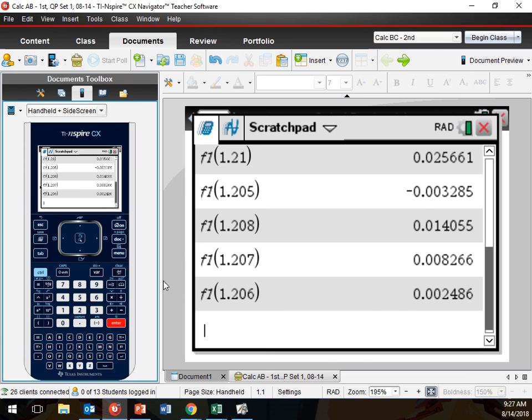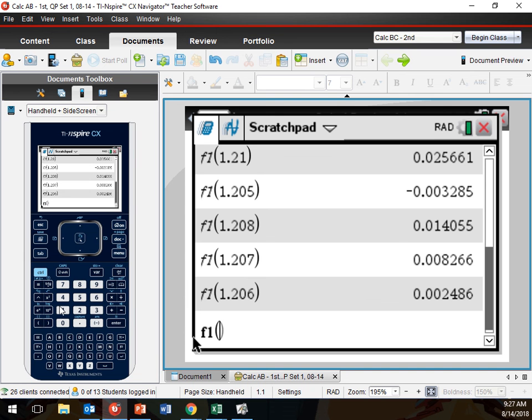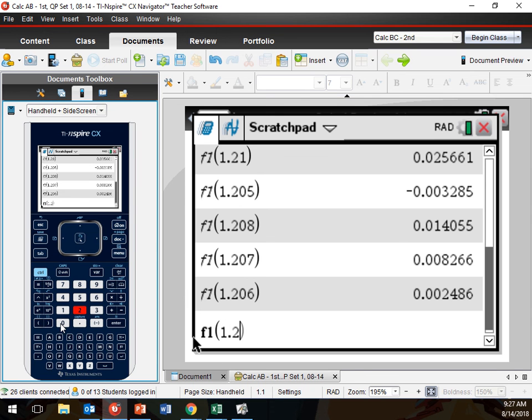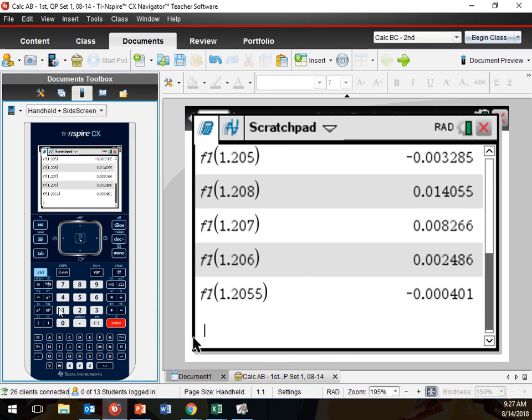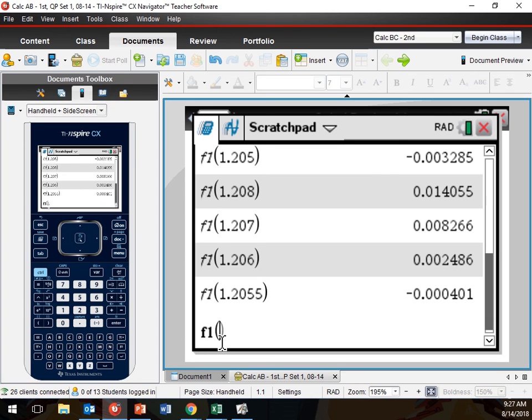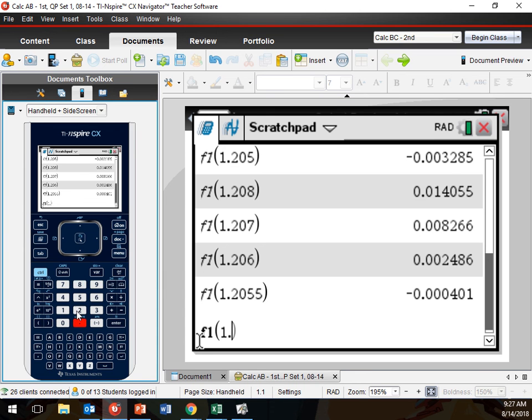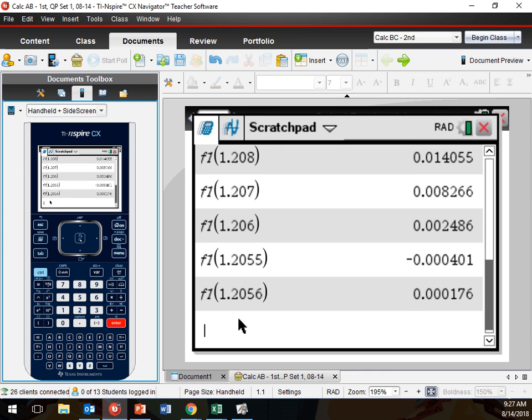So I'm going to go 1.205. It's negative. Then 1.2056. Positive. There we go. So it's going to be in between there.